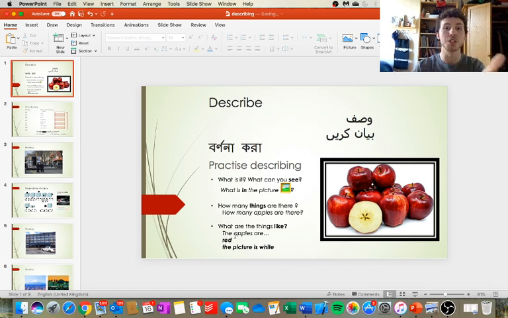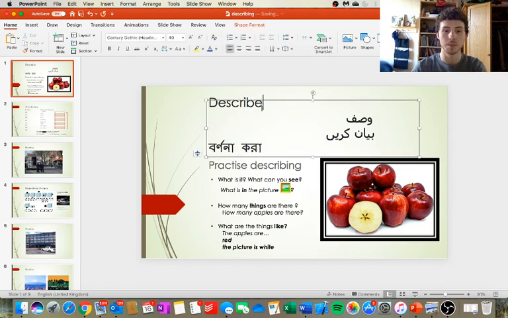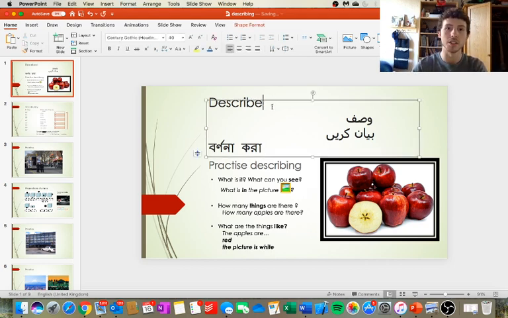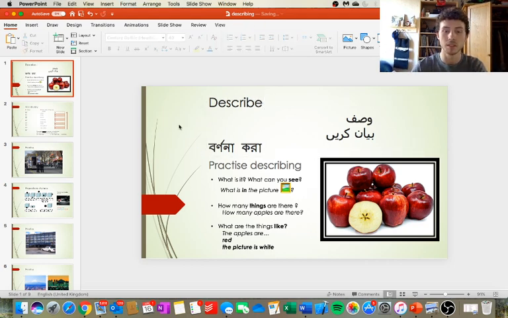So we have described the picture. Described, that is the past tense of describe. So describe the picture. There are apples. The apples are red. The picture is white.